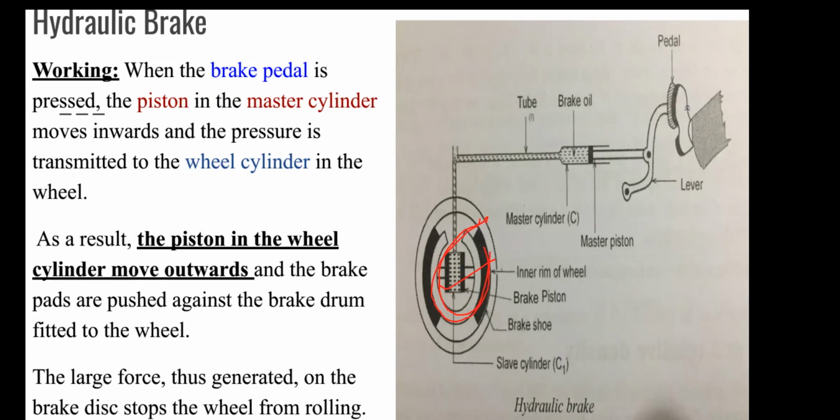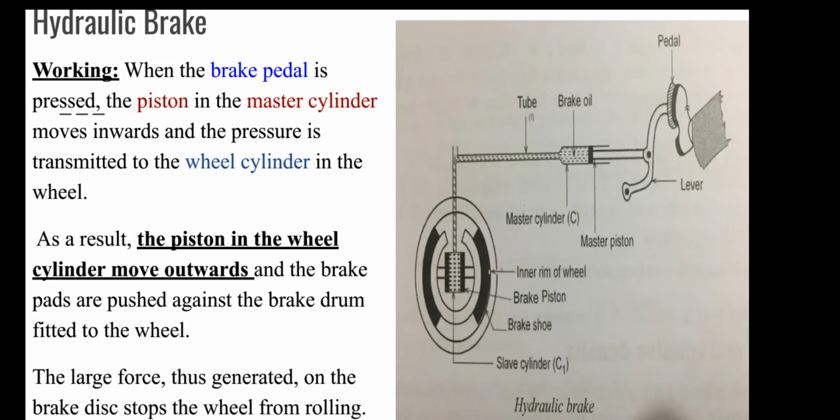So in this way, when a small force is applied on a small cylinder or a small piston, a large force is exerted or created on the large cylinder, which is enough to move the load, or for this case to stop the vehicle.